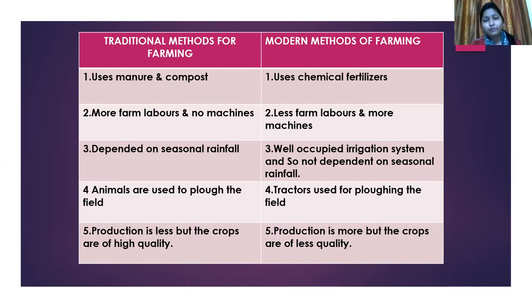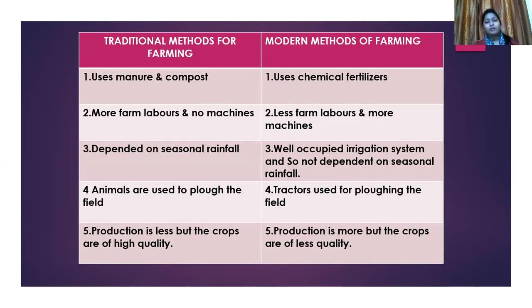Modern methods of farming cannot be practiced because HYV seeds, chemical fertilizers, pesticides, insecticides, these cost a huge sum of money, and then in addition to the machines, which is not a normal expense as compared to the traditional methods of farming.